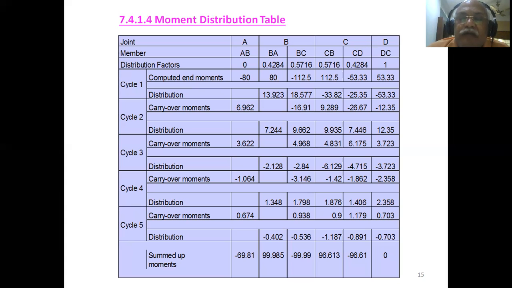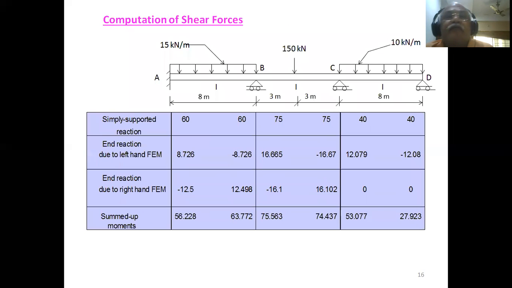When the joint is in equilibrium, the resultant moment must be equal to zero. Whatever unbalanced moments are there, we distribute depending upon the distribution factor. Then these are the end moments you are going to get. Okay, here it is tabulated.